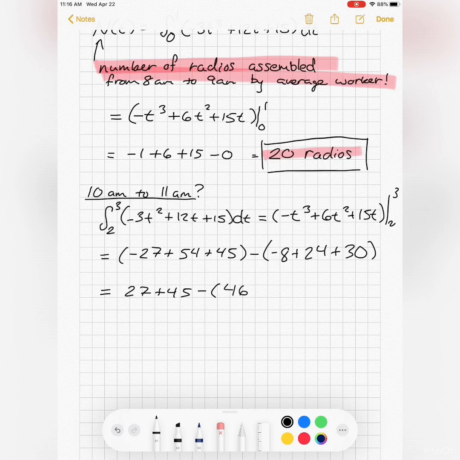Let's see, what is that? 46? 8, 16 plus 30 looks like it. So this is 26. Okay, so from 10 a.m. to 11 a.m., the average worker assembles 26 radios. So they have sped up there.